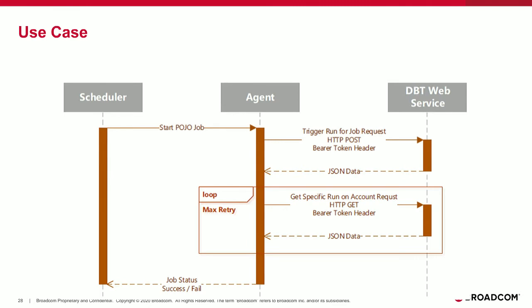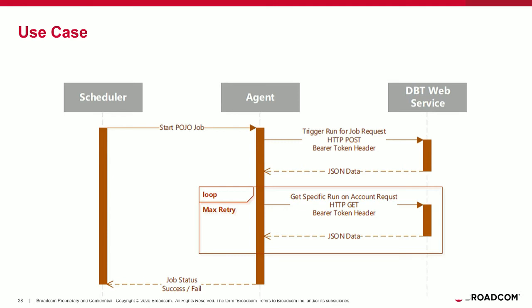It's a cloud-based SaaS application, which is publicly available, and we are using their APIs to interact with their application. The application we're using here is DBT, which is an ETL type of tool, a data warehousing type of tool.